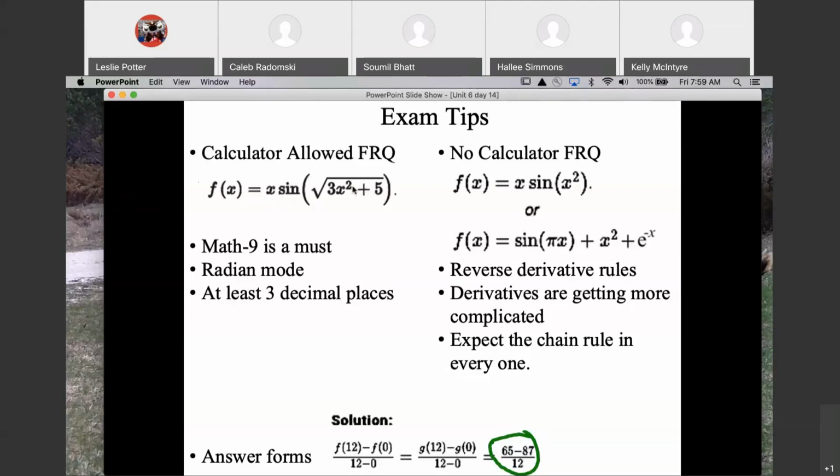What is a positive derivative telling us? Antiderivative is increasing.